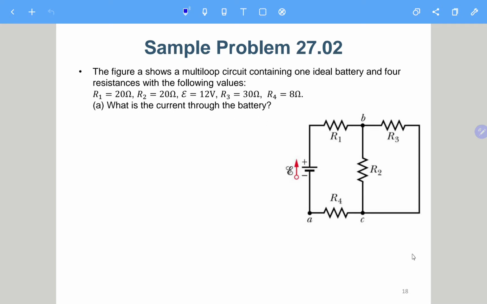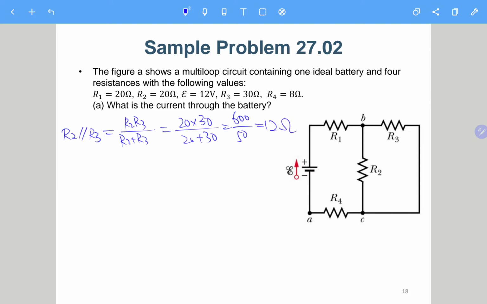Okay, so here we can see R2 and R3 are in parallel. So we can just calculate R2 parallel R3. It will be R2 times R3 over R2 plus R3. So we can just plug in the value 20 times 30 over 20 plus 30, which is 600 over 50, which is 12 ohm.